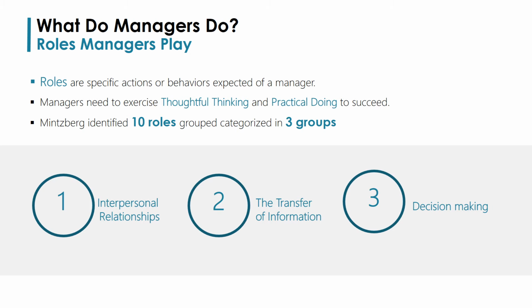Basically, there are 10 roles that managers play, grouped into 3 basic groups by a very famous researcher called Mintzberg. Mintzberg classified the roles into 3: interpersonal roles, information transfer roles, and decision-making roles. So let's have a look at each of them.